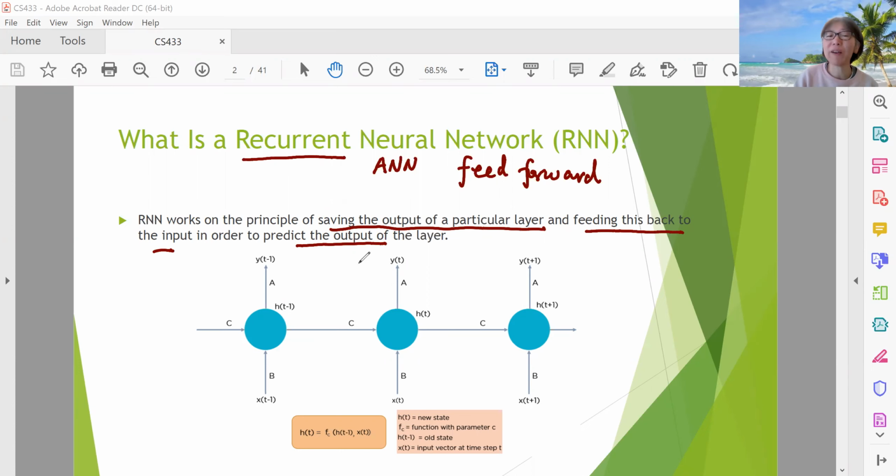So here it is a little bit different from feed forward. The output of a particular layer will feed back to the input.